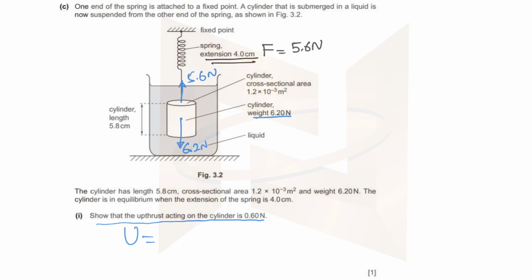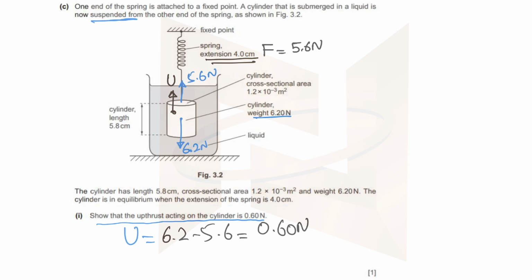Why? Because it is suspended. Upthrust is definitely acting upwards. Upthrust always acts upwards. So you could say that this weight would be equal to upthrust plus 5.6, or you could say upthrust is 6.2 minus 5.6, which is 0.6 newtons.